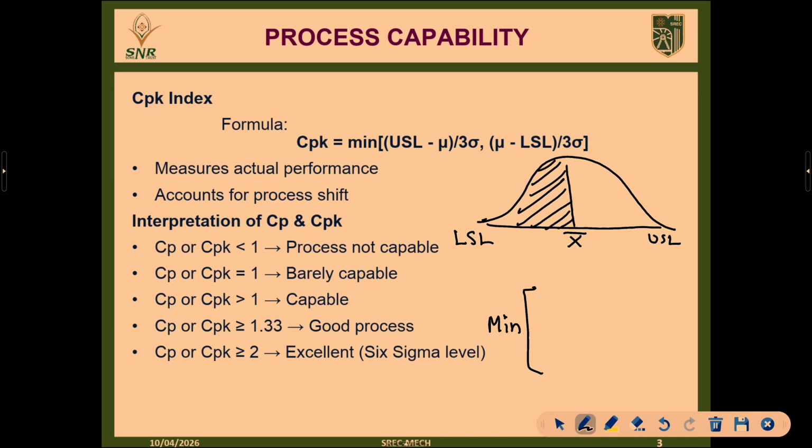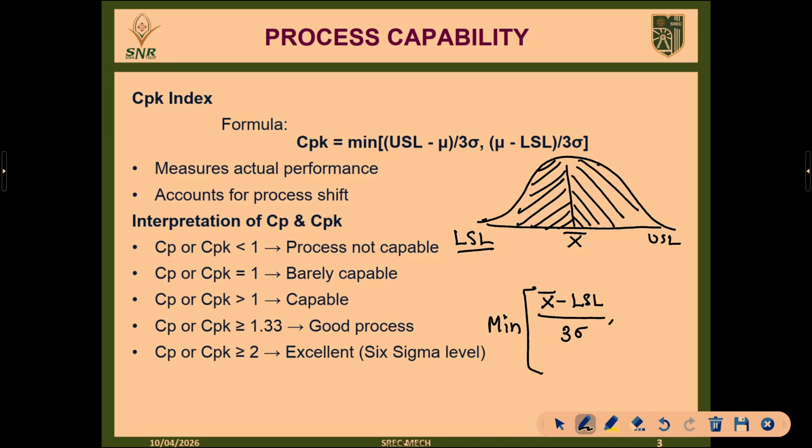So here the value is X bar, that is the mean dimension, minus lower specification limit, divided by the width of that, it is 3 sigma, not 6 sigma, because we have divided into two halves. Then comma, now let us consider the right hand side.